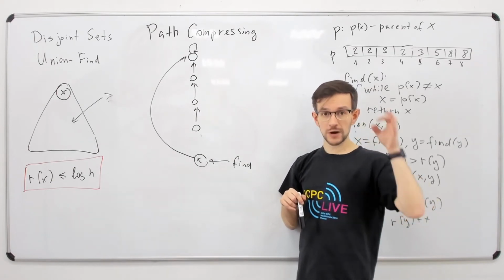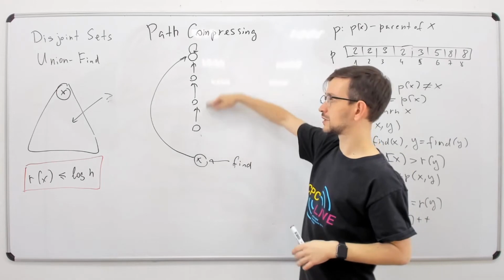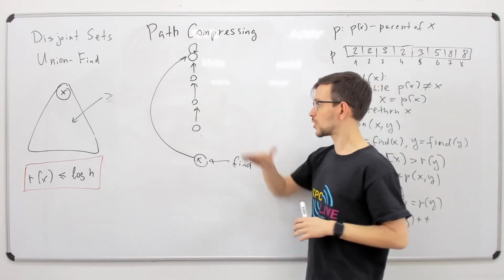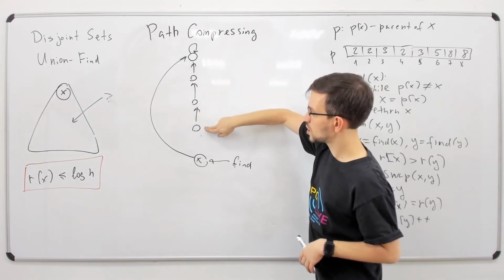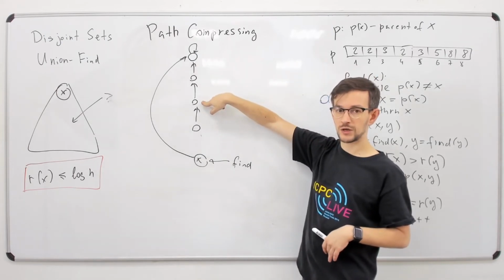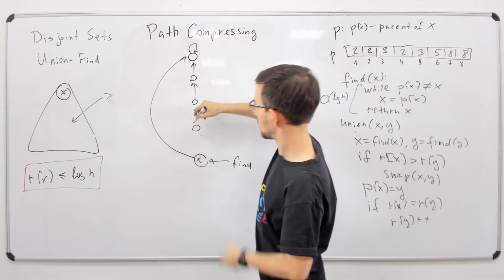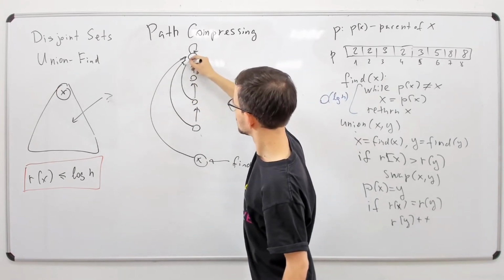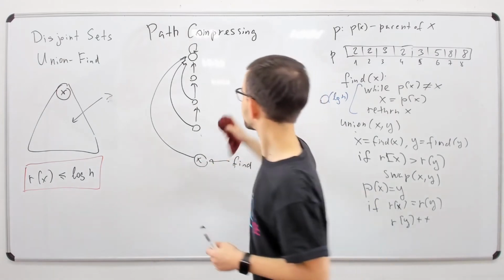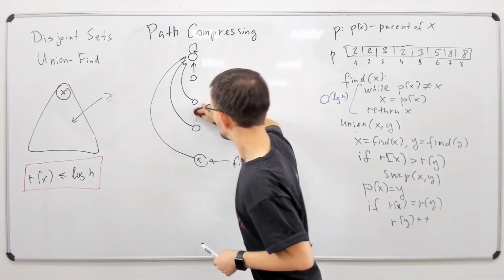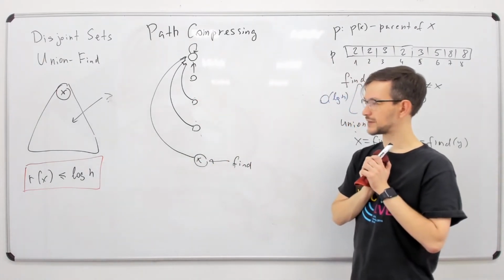And also you may do the same for all elements in this route. So for each element in this path, you can change the pointer from the current one to the root. So you may change all pointers to the root element, like this.